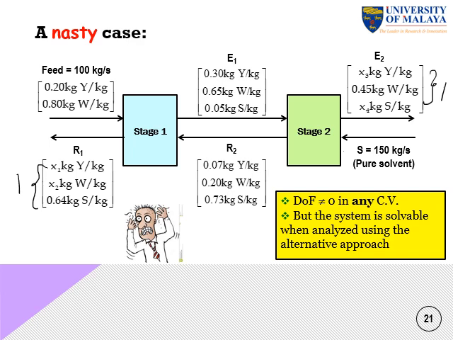And also we have 3 species balances in stage 1 and 3 species balances in stage 2. So in total, 3 plus 3 plus 1 plus 1 equals 8. So it is solvable. It's just that you cannot use the DOF in any of these control volumes where the DOF equals 0. You have to just try to solve it simultaneously.